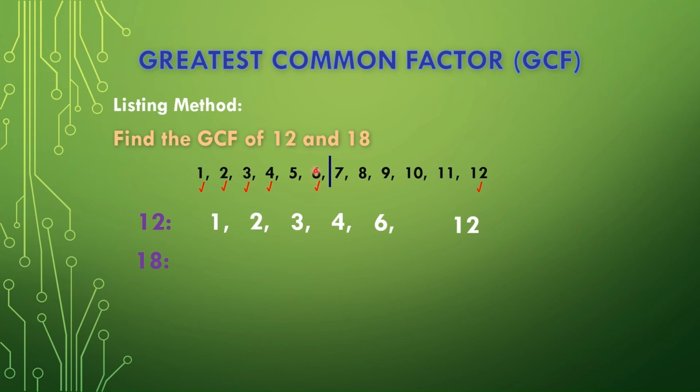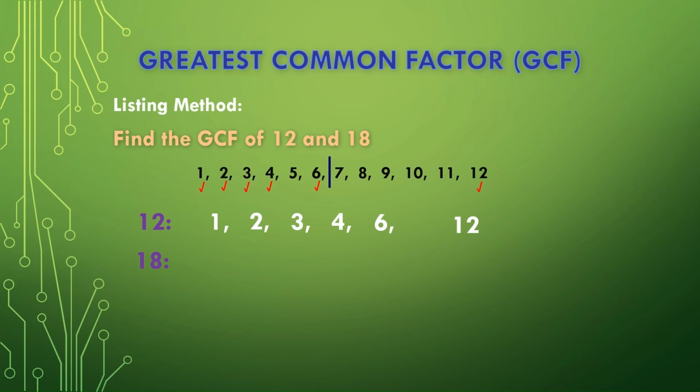Moreover, at this point, you would have already covered all the possible factors for that given number. So, the factors of 12 are 1, 2, 3, 4, 6, and 12.